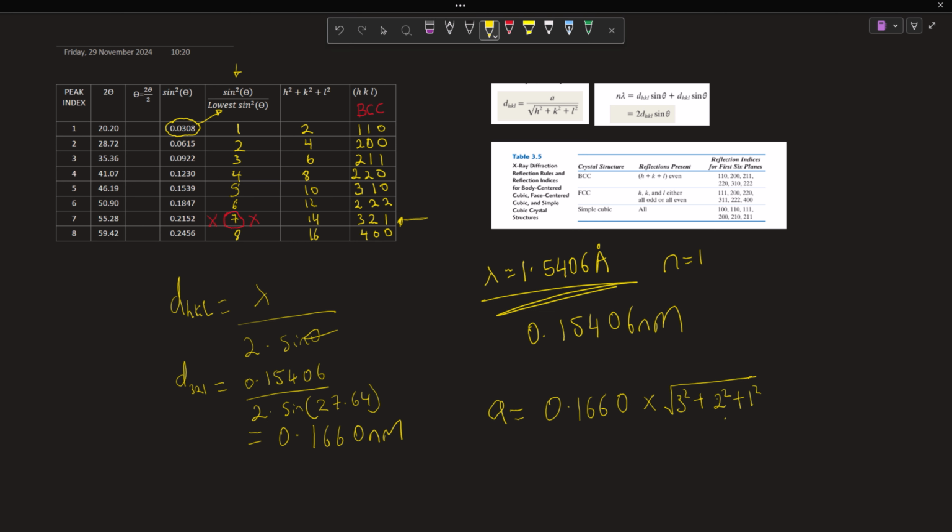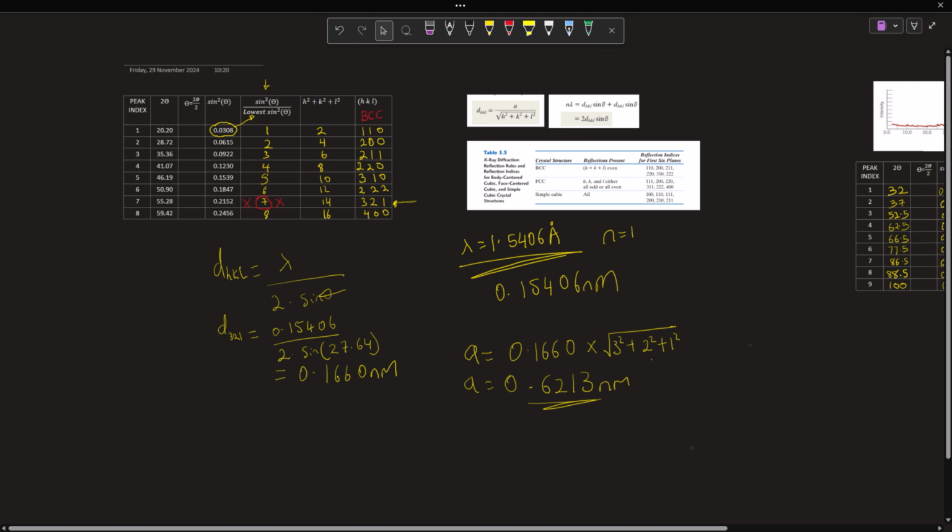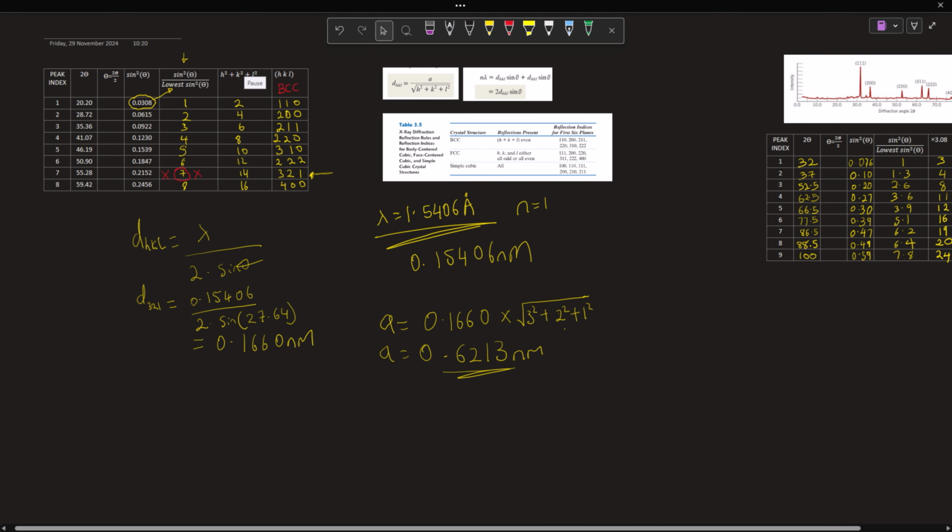Let's punch that into our calculator. We get 0.6213 nanometer. So we already found this. Now we can go ahead and begin to solve for each and every one of them.